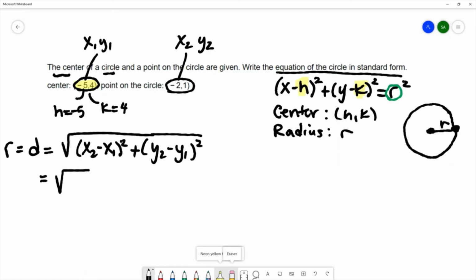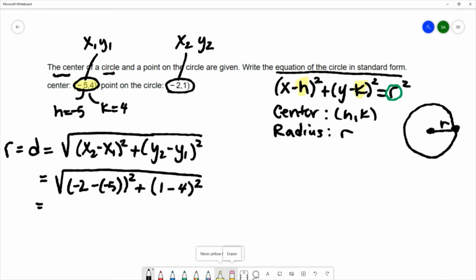So that's x2, negative 2, minus x1, negative 5, all squared, plus y2, 1, minus y1, which is 4, squared.